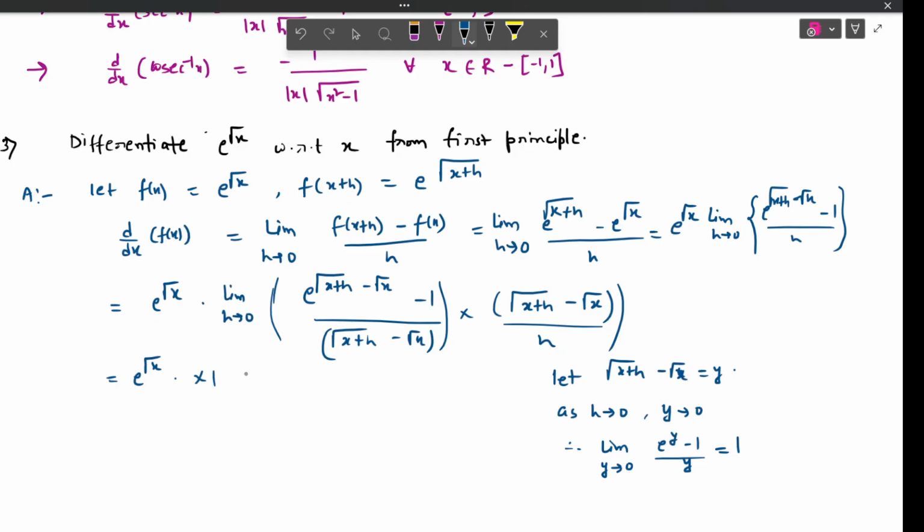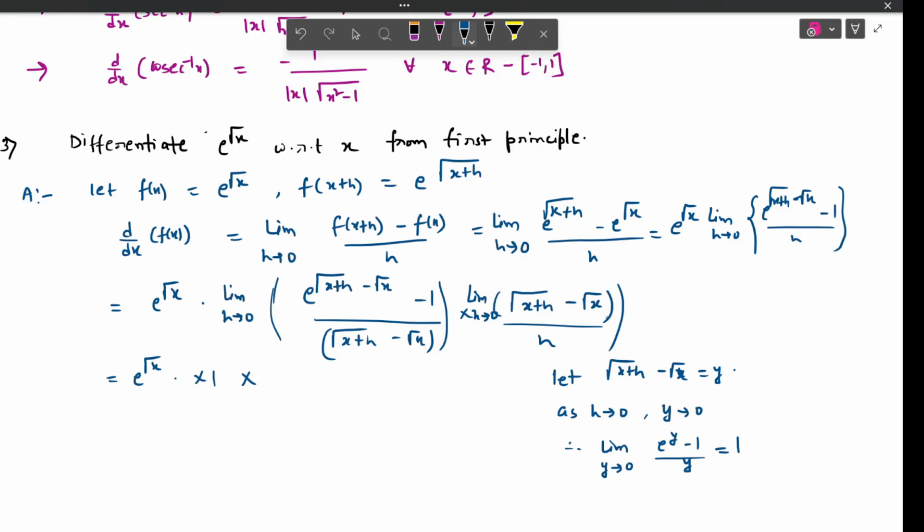So multiplied by 1 into, now we have to rationalize because we cannot put limit h tends to 0 here, because 1 by 0 is infinite. So we have to rationalize this whole thing.